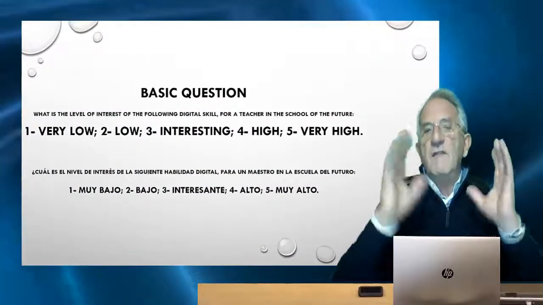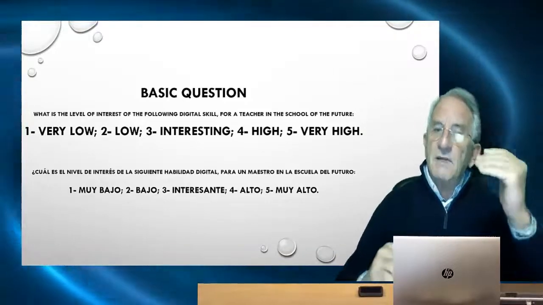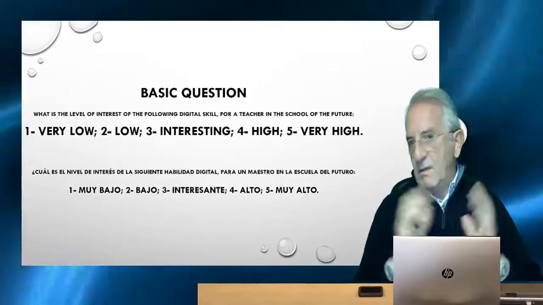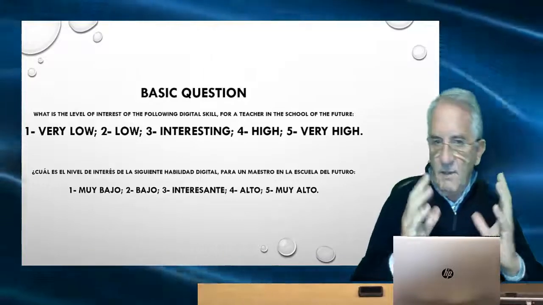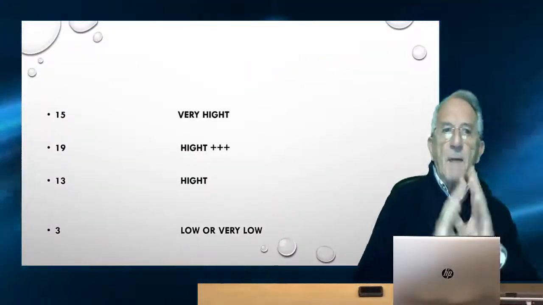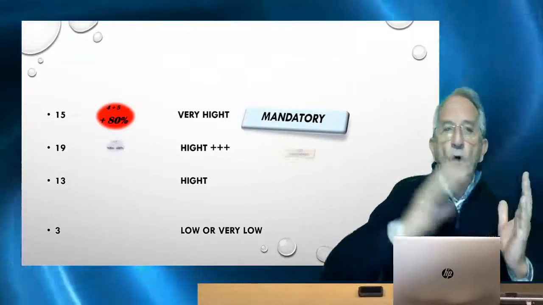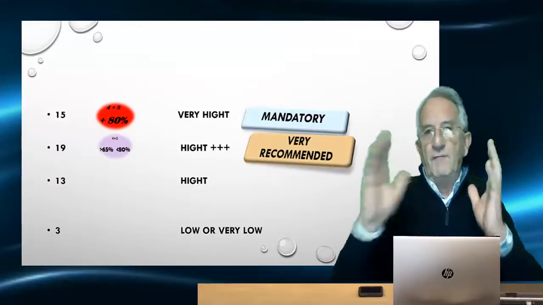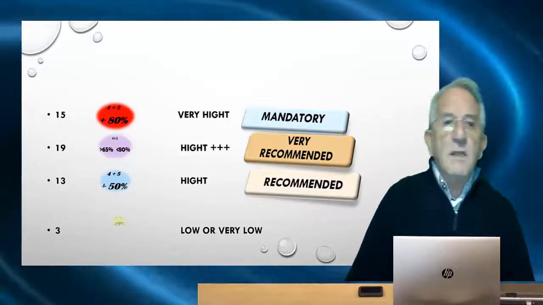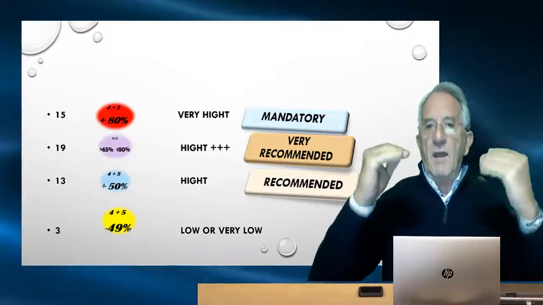We divided interest into 5 levels: very low, low, interesting, high, and very high, for the topics under research. The results show that about 15 of the topics were very high, which means more than 80% in degrees 4 and 5, very high and high. 19 topics were between 60 and 80, which is high.